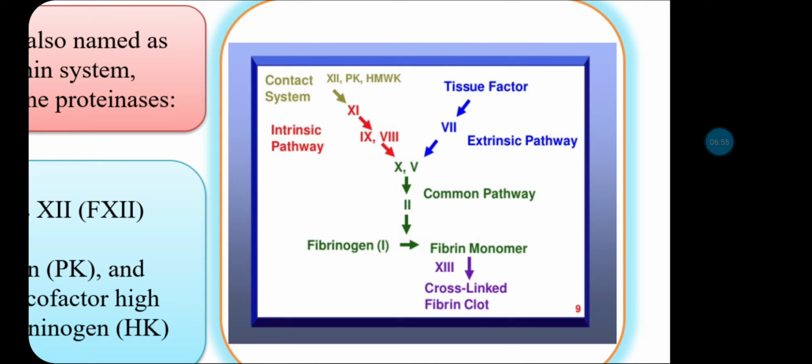Factor 10 and 5 convert prothrombin into thrombin, and here there is a conversion of soluble fibrinogen into insoluble fibrin monomers, and these monomers are again cross linked by factor 13, and they form a fibrin clot. So this is the basic mechanism.